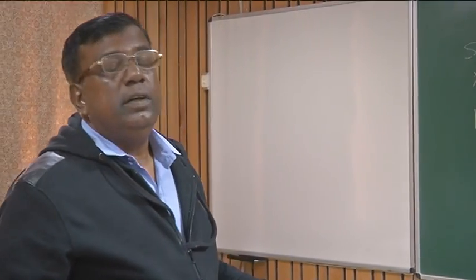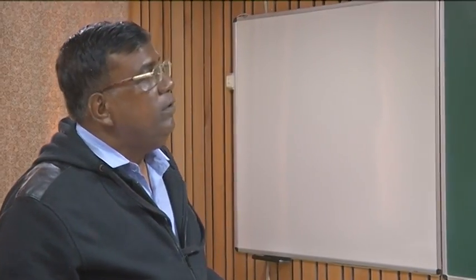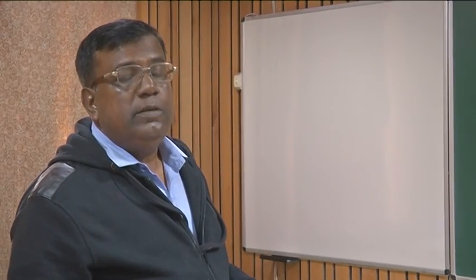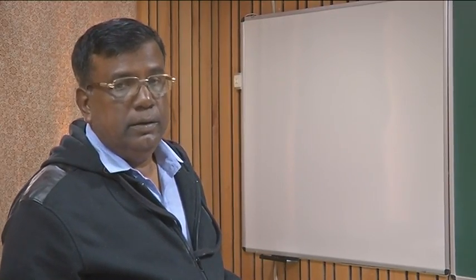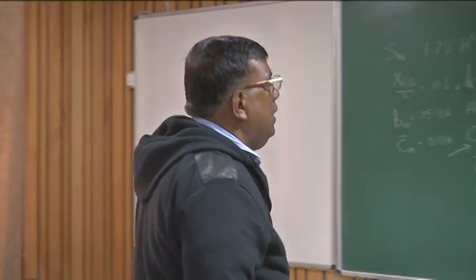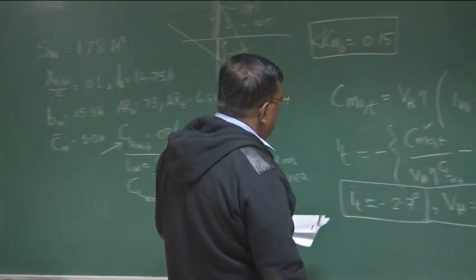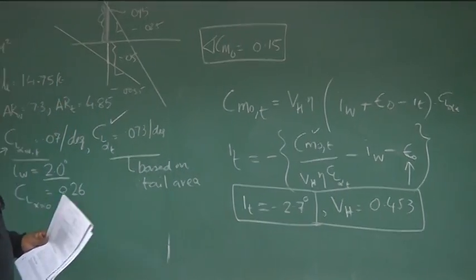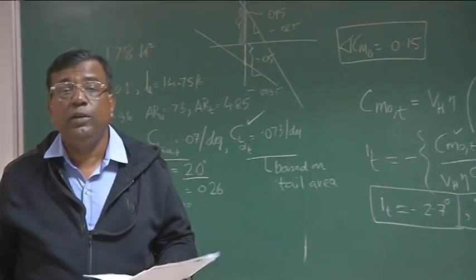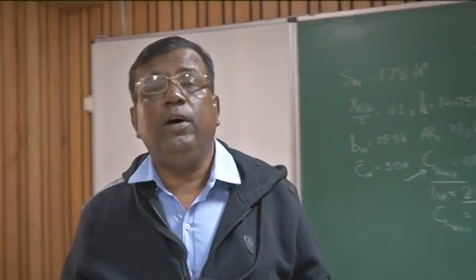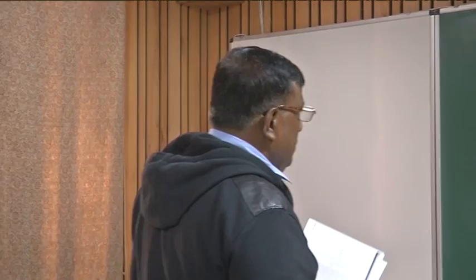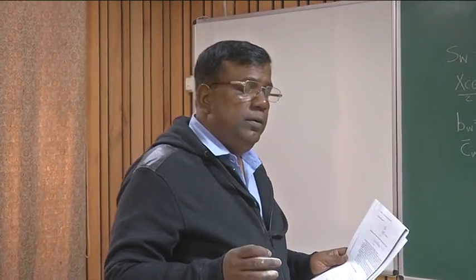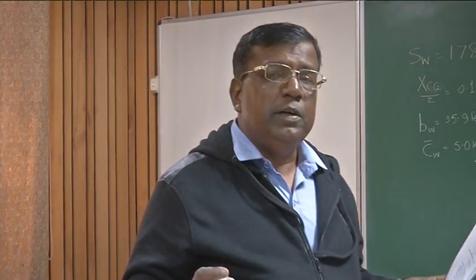However, we wanted to increase static stability as well as ensure that it can be trimmed at a positive angle of attack. So we found out what tail size is required and what tail setting angle is required to ensure that now the Cm versus alpha for wing, fuselage and tail is exactly what we are looking for. Is it clear? This problem is only to give you a better feel for all those expressions we have developed.